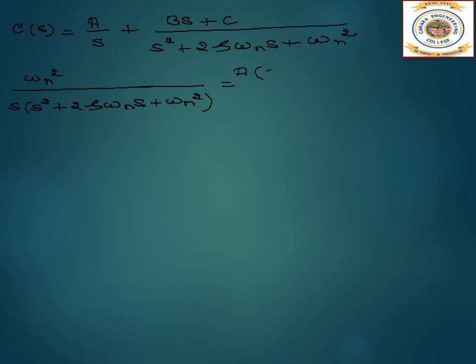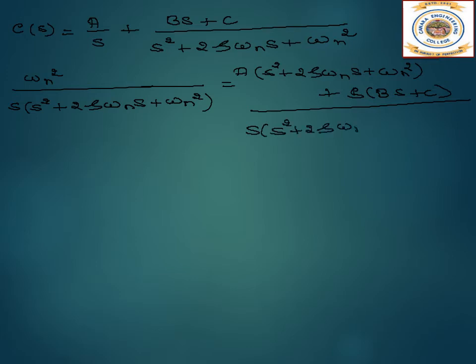into (s square plus 2 zeta omega n s plus omega n square) plus numerator only, it is s into (Bs plus C). Taking common denominator, that's all we have done here: s into (s square plus 2 zeta omega n s plus omega n square).